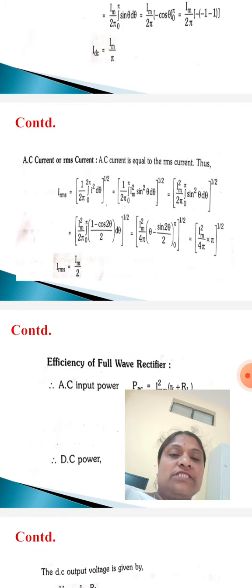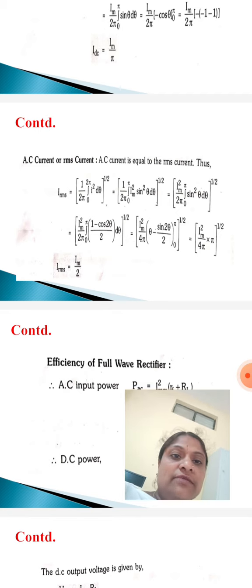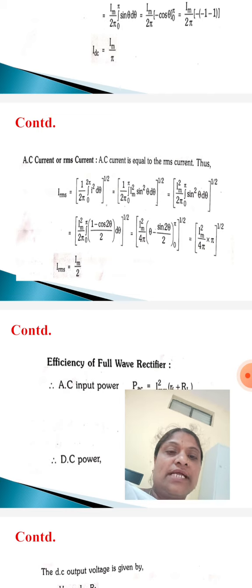We can apply limits 0 to pi by 2, whole power 1 by 2, that is equal to Im square by 4, pi of, we can apply limits, 0 minus sin 0. Sin 0 means 0. Next, minus pi minus sin 180 degrees.